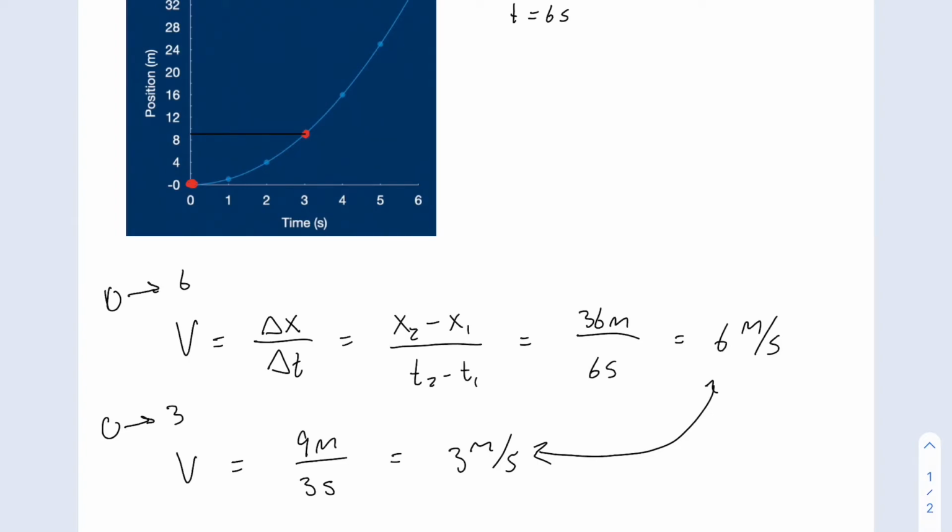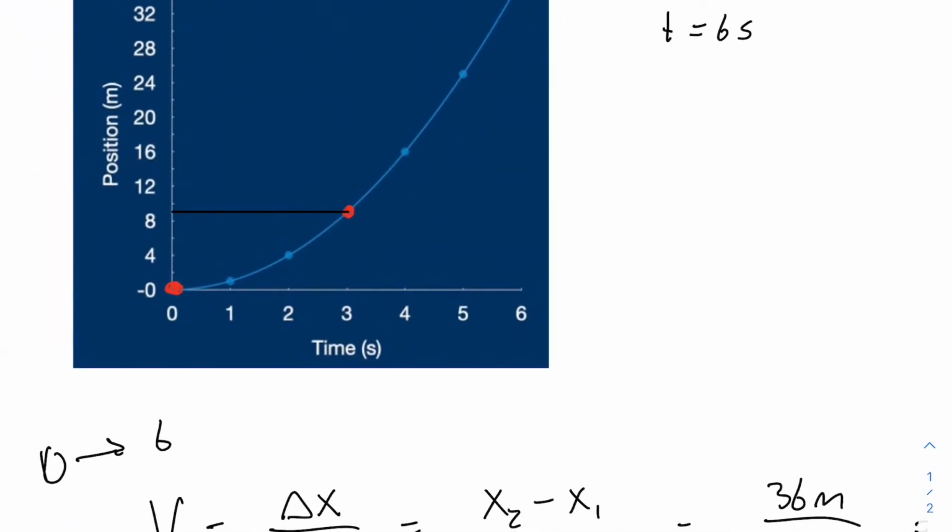Let's say we wanted to know the exact velocity at a point. We just found the average velocity for the first 3 seconds is 3 meters per second. But what if we wanted to know the exact velocity at 3 seconds? That's a little bit more difficult. I'm going to show you one way you could think about doing that.